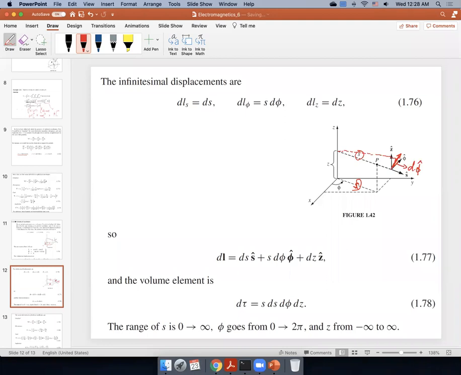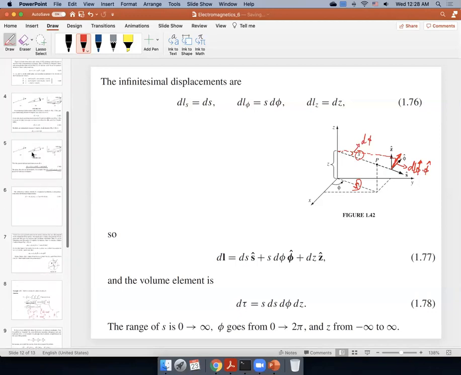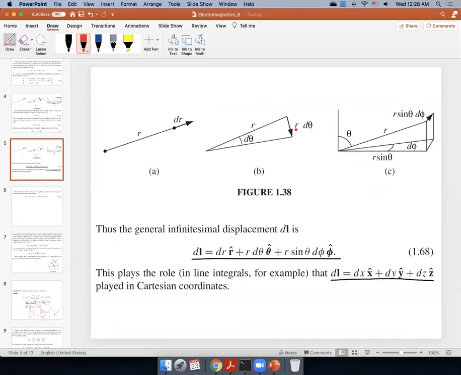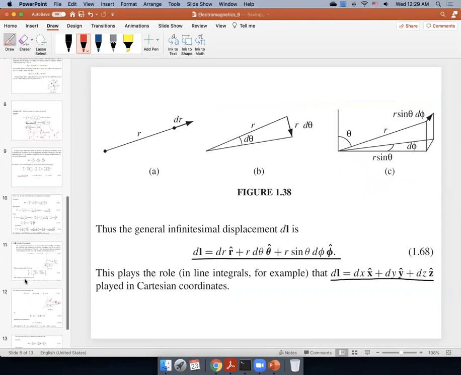Then dl phi, the displacement in the phi direction, equals s times d phi, which is very similar to the spherical case, where dl theta equals r times d theta.